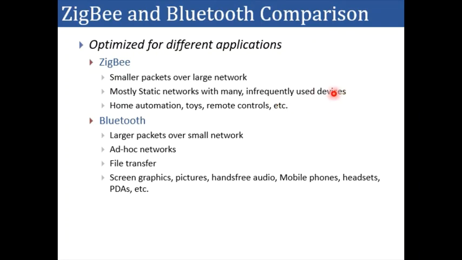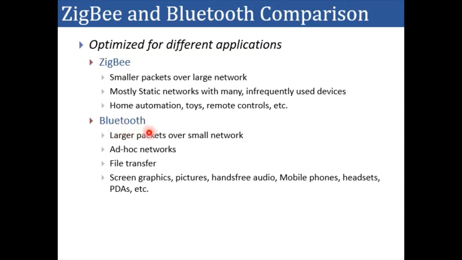So that's why in this case the devices will sleep as much as possible so that the energy can be saved. Typical applications of Zigbee network are home automation, toys, and remote control applications.